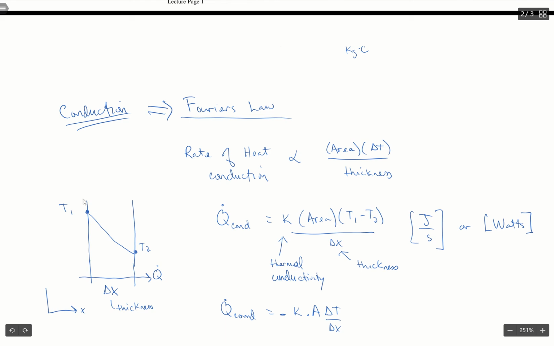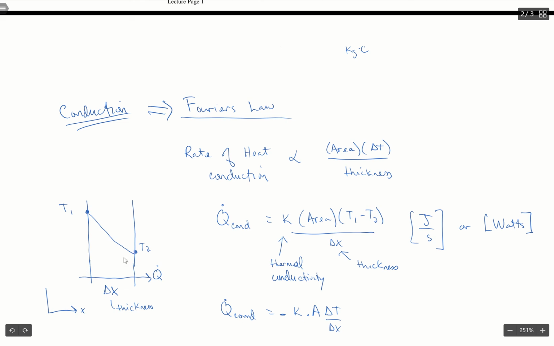Imagine we have a wall here. This is a side view, as if we cut the wall in half and are looking at it from the side. On one side we have a hotter temperature, T1, and on the other side we have a colder temperature, T2. Anytime you have a temperature gradient like this, you'll have heat being transferred in that direction.